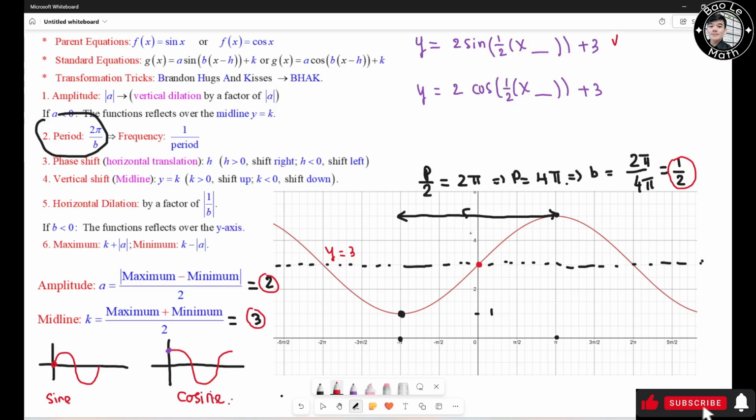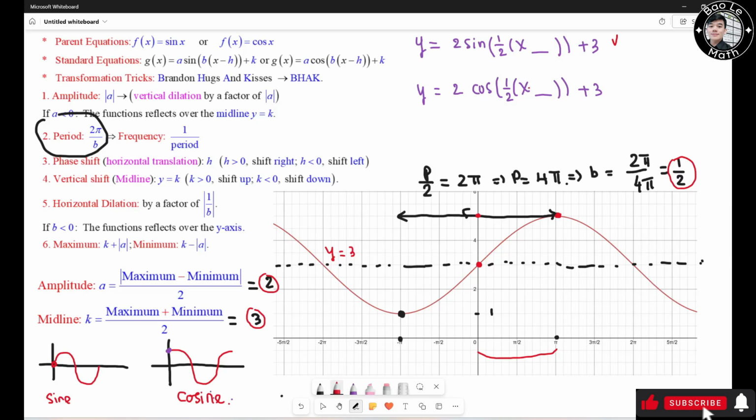We good. Now, if we start from here, the cosine function always starts from the maximum, right? So it should be right here. Now it's over here, which means it shifts to the right pi units.